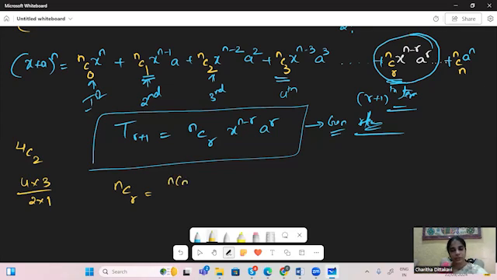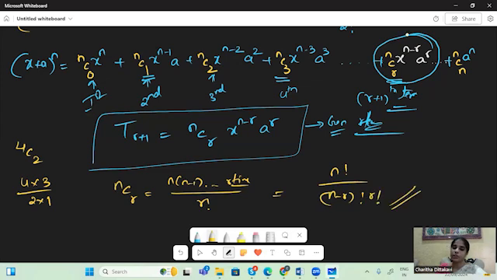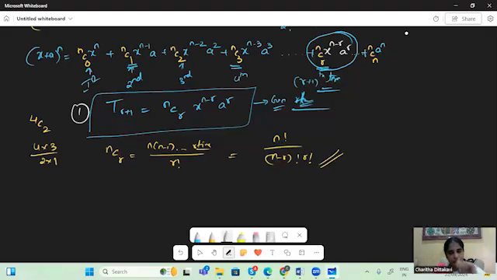It is like n into n minus 1, and so on till r terms, divided by r factorial. Rather than that, it is n factorial by (n minus r) factorial into r factorial, the formula behind writing the value of your NCR, right? So the first point we have learned here is the general term of the binomial expansion.